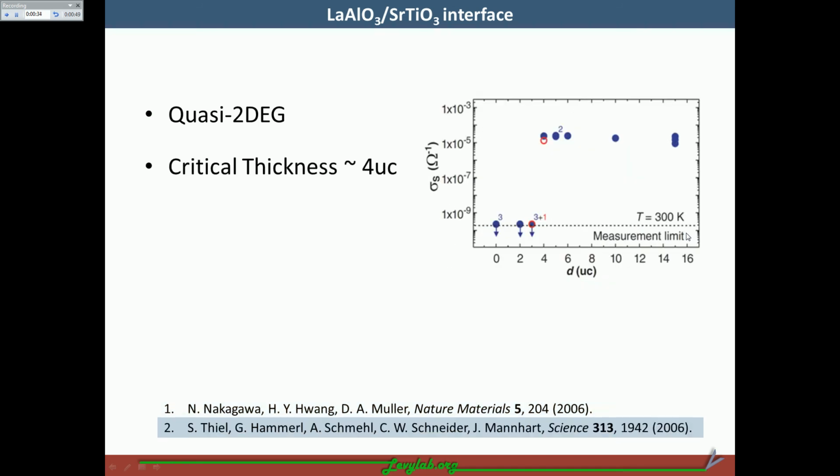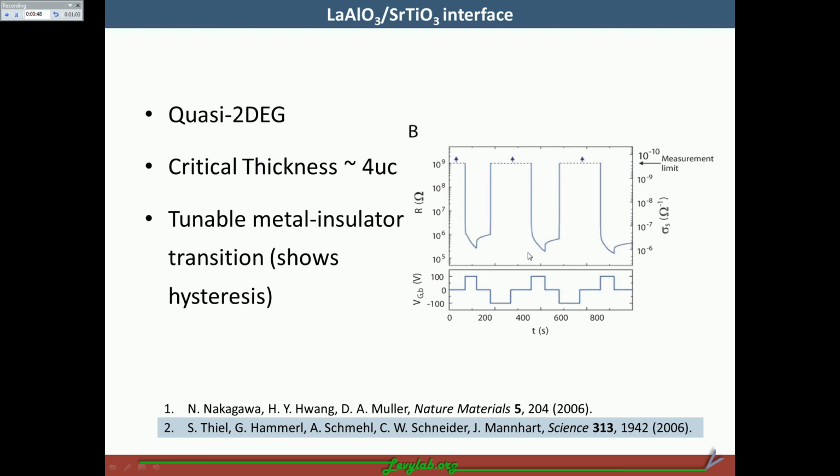And there's also a critical thickness. So for 4 unit cells of lanthanum aluminate, we see that the interface is conductive, and for less than 4 unit cells, the interface is insulating. And when there's exactly 3 unit cells of lanthanum aluminate, we see that this interface is tunable with the backgate.